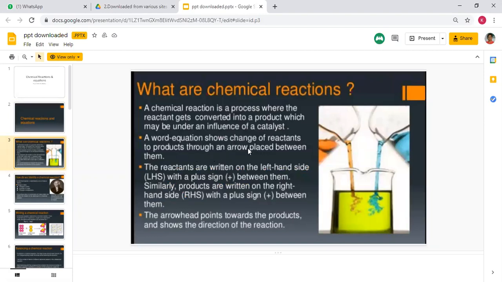A word equation shows change of reactants to products through an arrow placed between them. The reactants are written on the left hand side with a plus sign between them. Similarly, products are written on the right hand side with a plus sign between them. The arrowhead points towards the products and shows the direction of the reaction. This is how we will be writing the reaction.